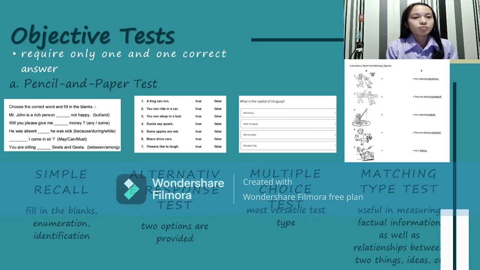It can also be an alternative response test in which two options are provided, like true or false. Objective tests can also be multiple choice tests, which is the most versatile test type.